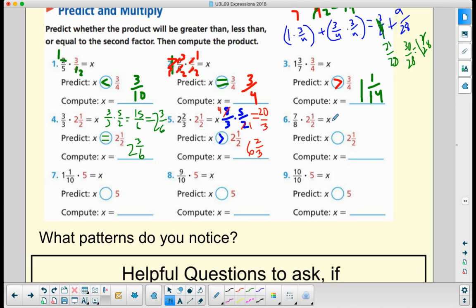7/8 multiplied by 2 1/2. Is x going to be greater than, less than, or equal to 2 1/2? Well, since 7/8 is less than 1, it is going to be less, I believe. Fractions again, 7/8 multiplied by 2 wholes is 4 halves plus 1 half is 5 halves.